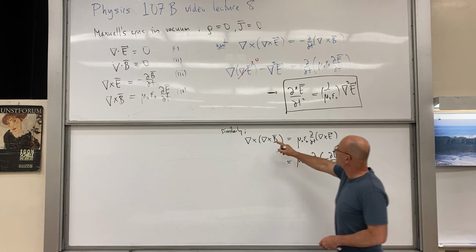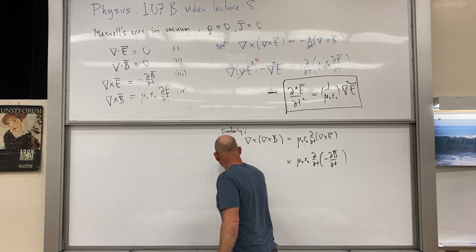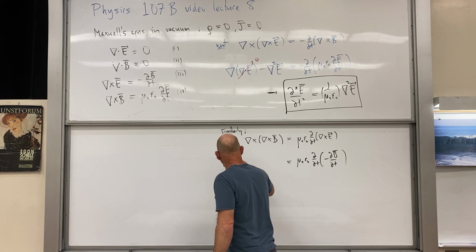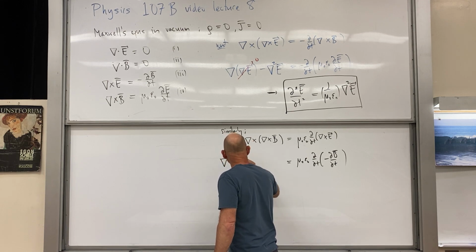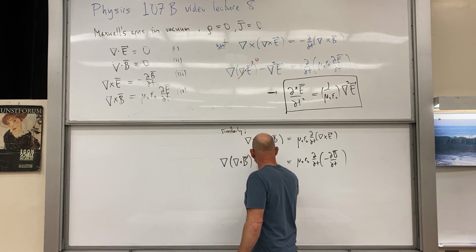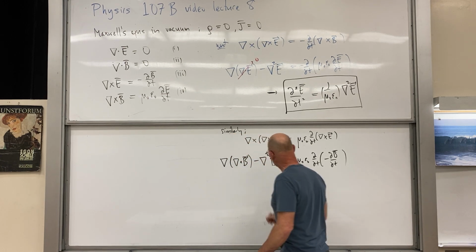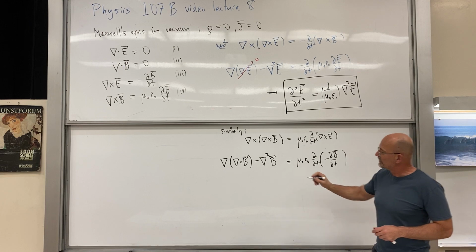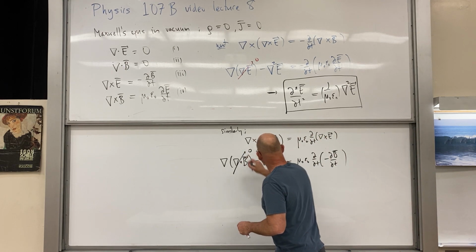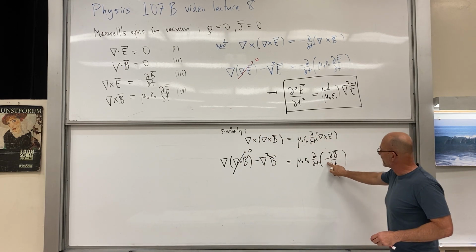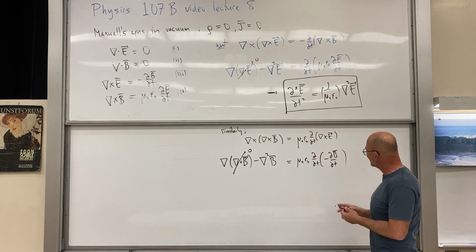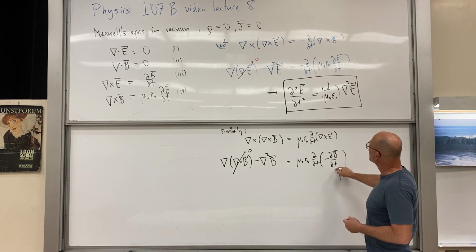Over here we do the same thing, gradient of the divergence of B minus del squared B. And the same thing happens. That goes to 0. The minus sign and the minus sign cancel. I'll write this one the same way.